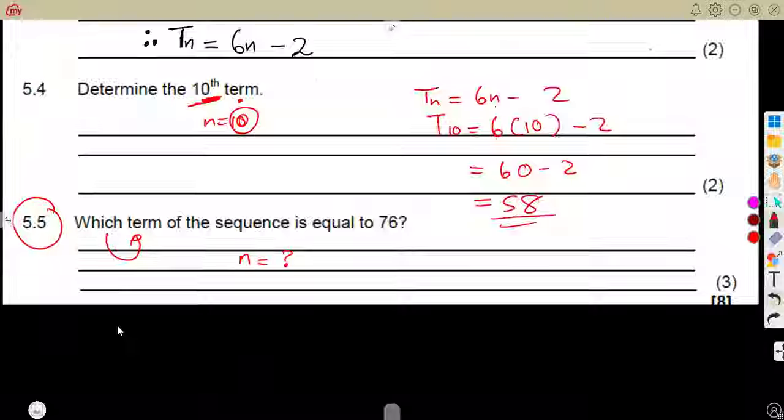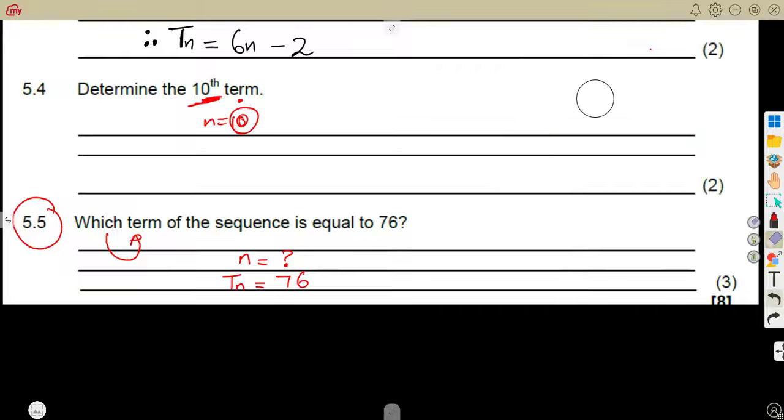Find that n, the term. Which term of the sequence is equal to 76 when Tn is equal to 76? What is n? Like n is the position, to say which position will give us a 76.